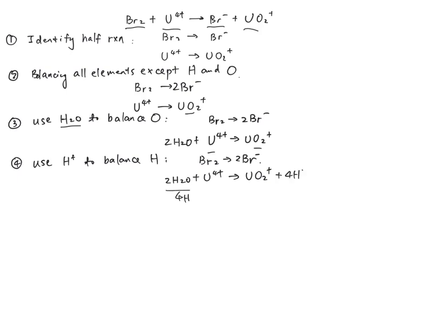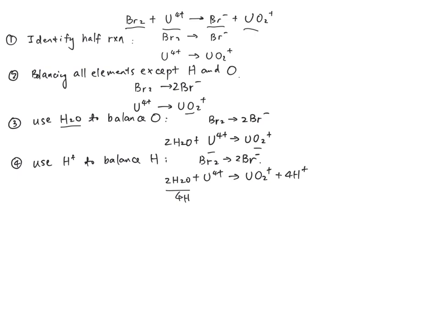And I'm going to add 4 H plus ions on the right side to offset the hydrogen. And of course, introducing H plus in your solution tells us that this is in an acidic condition, an acidic solution, because H plus exists in acids.